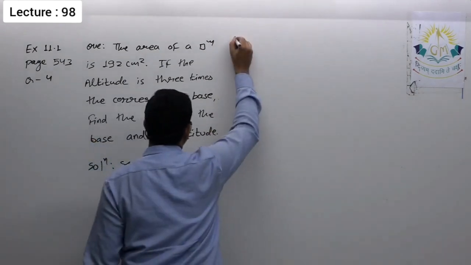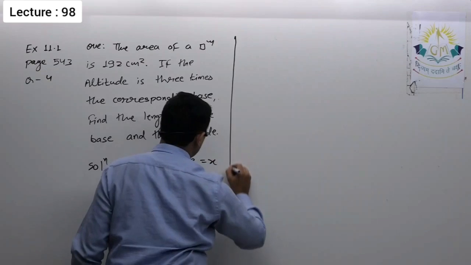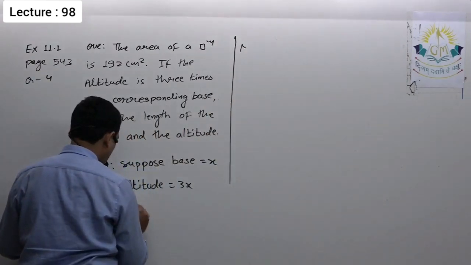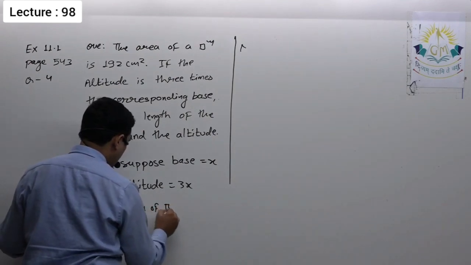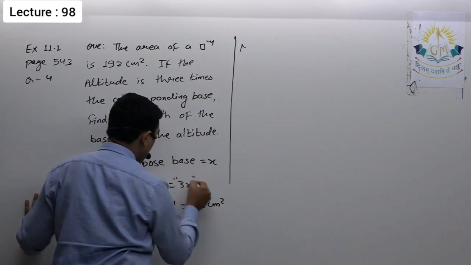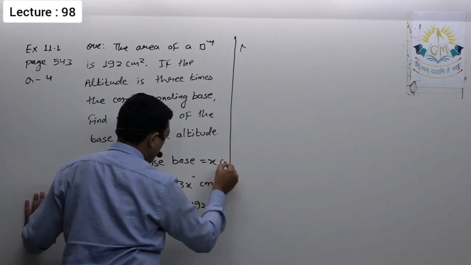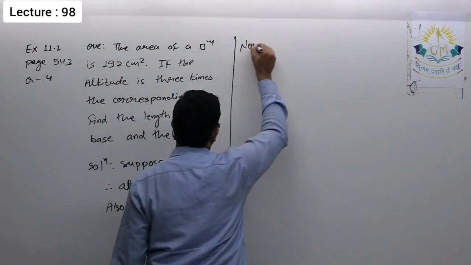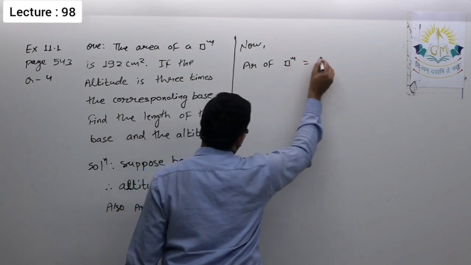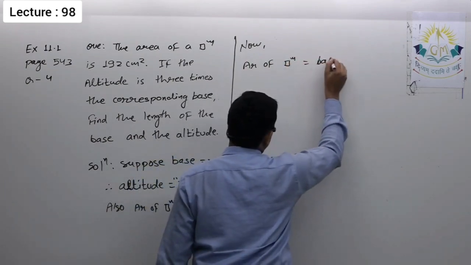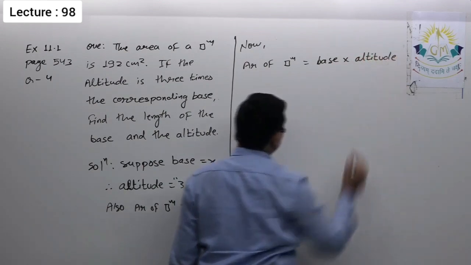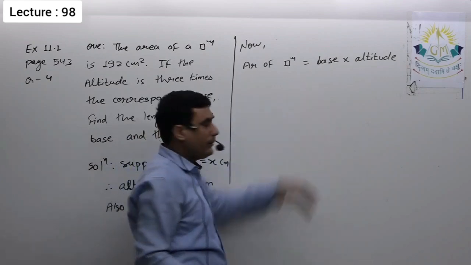Now it is given that the area of the parallelogram is 192 centimeter square. Here I am again considering centimeters. The area of a parallelogram is equal to base multiplied by altitude; that formula we already have.